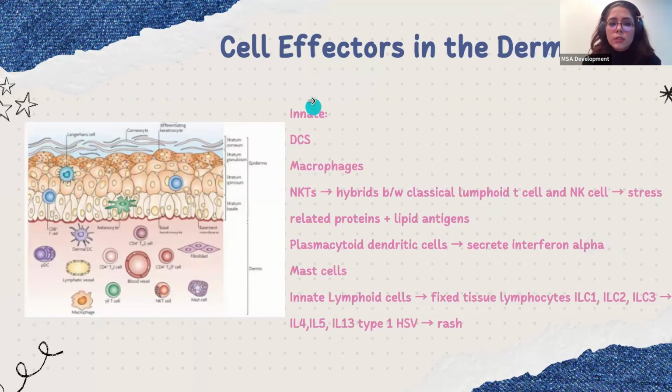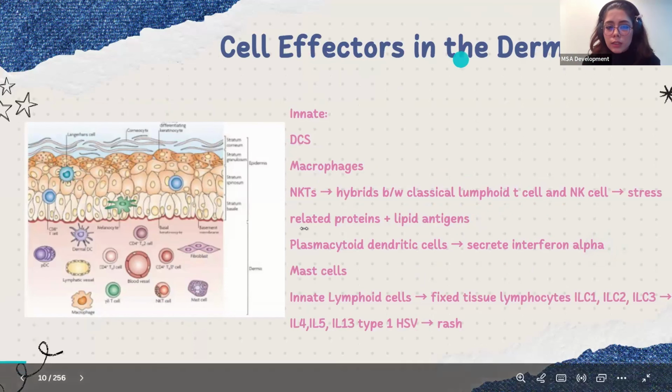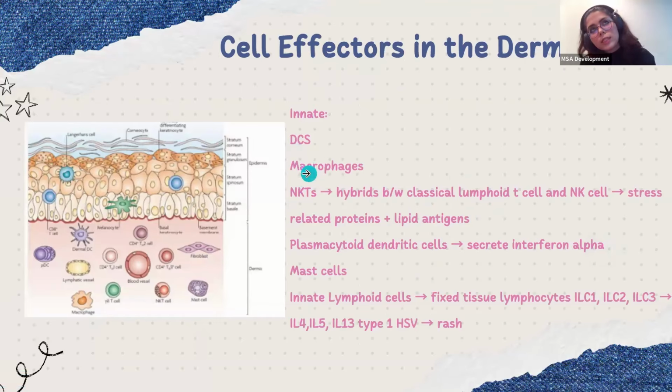Cell factors in the dermis for the innate response: DCs, macrophages, natural killer T cells. They're hybrids between classical lymphoid T cells and NK cells. They recognize stress-related proteins and lipid antigens. Plasmacytoid dendritic cells secrete interferon alpha.